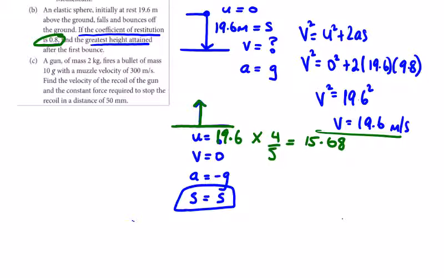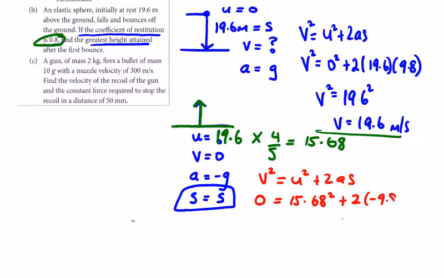So we have u, v, a, s. So for s we can use again v squared is equal to u squared plus 2as. So this v that it's going to stop at the top of its flight is going to be equal to 0, u is this 15.68 squared, plus twice a, which is minus 9.8, and we're looking for s.